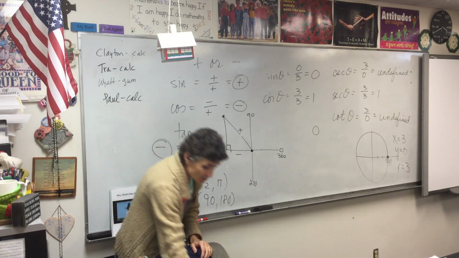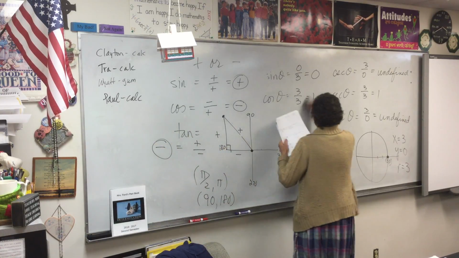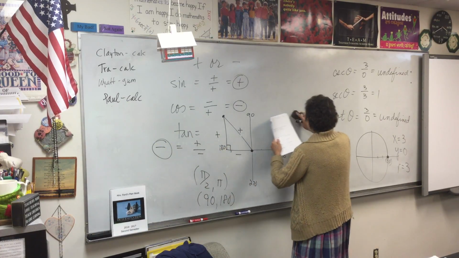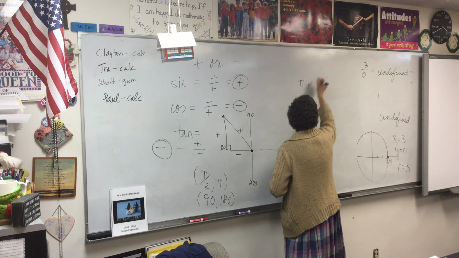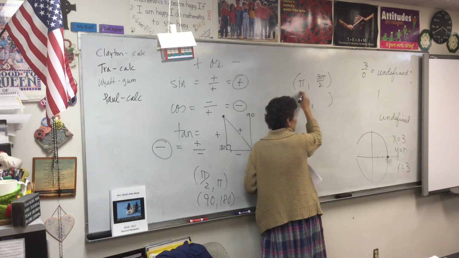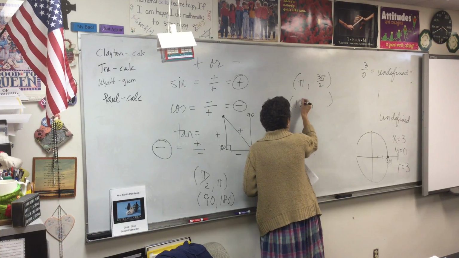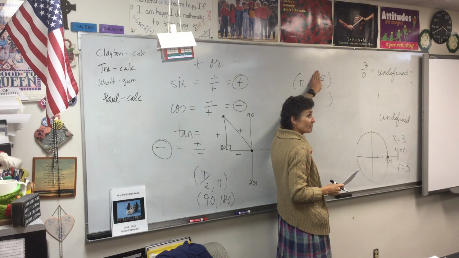All right, let's try the last one. Where am I looking this time? It says between pi and 3 pi over 2. So tell me what that means. Pi is 180. A half a pi is 90.